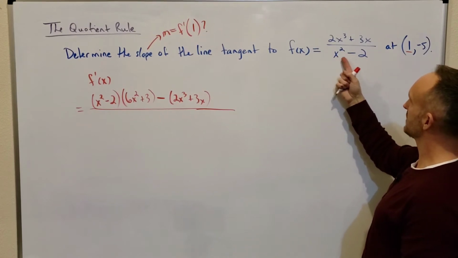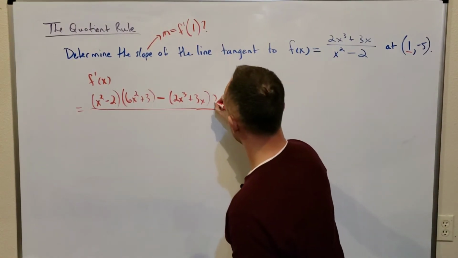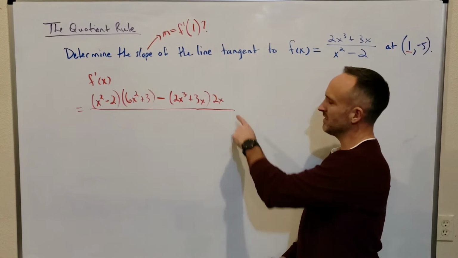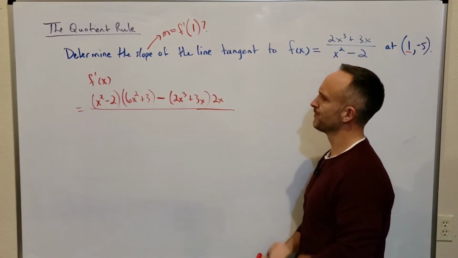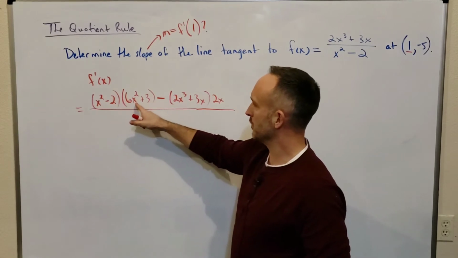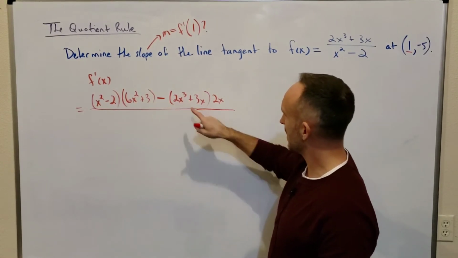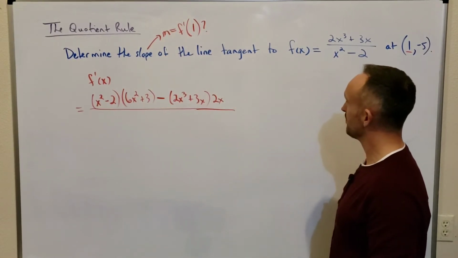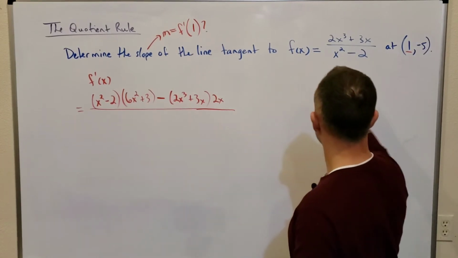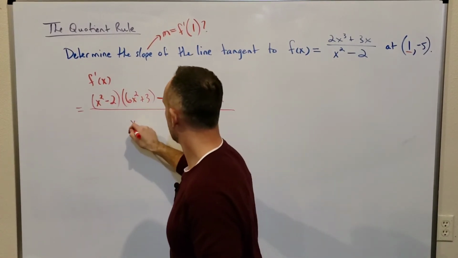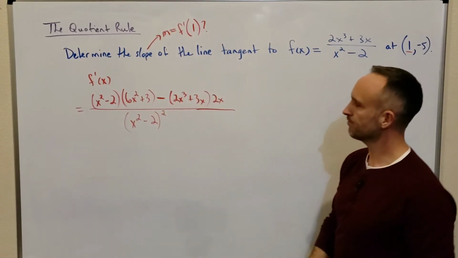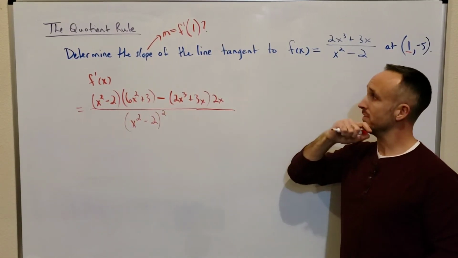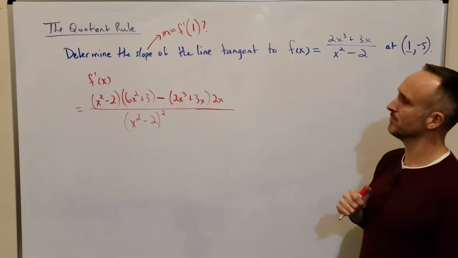So I just get 2x minus 0, or I could just write 2x. And since I don't have anything added or subtracted, I don't have to put it in parentheses. Okay? So I've got the bottom times the derivative of the top, minus the top times the derivative of the bottom. All of that goes over the bottom squared. Okay? So this is the derivative of this rational function.